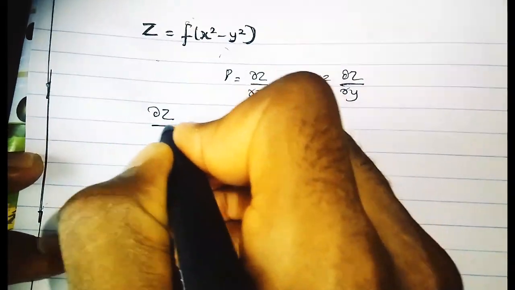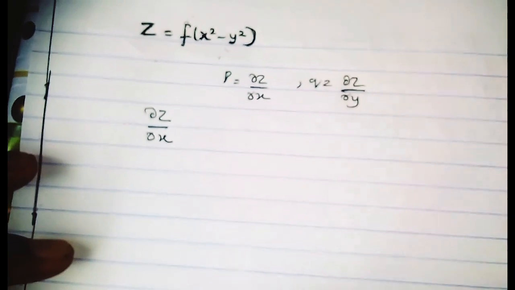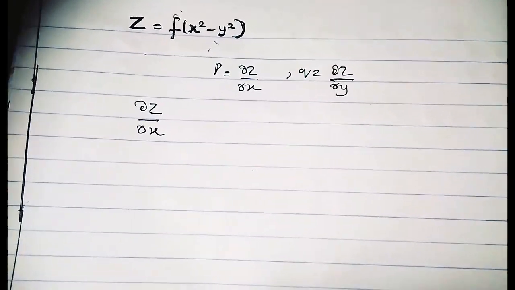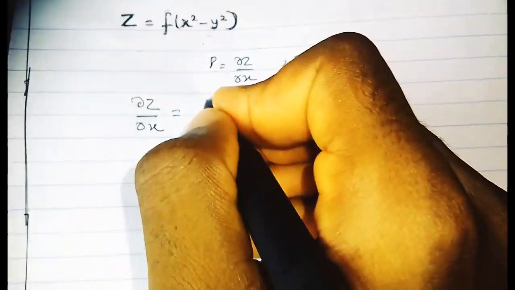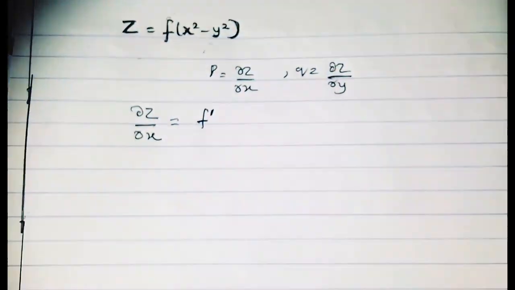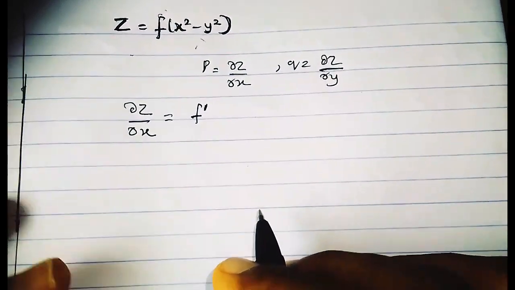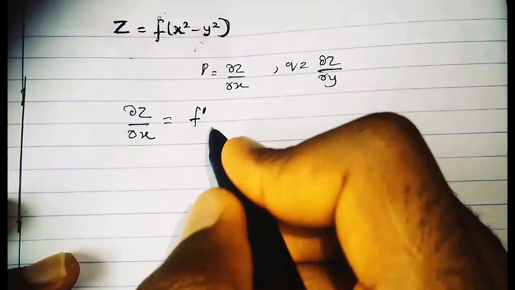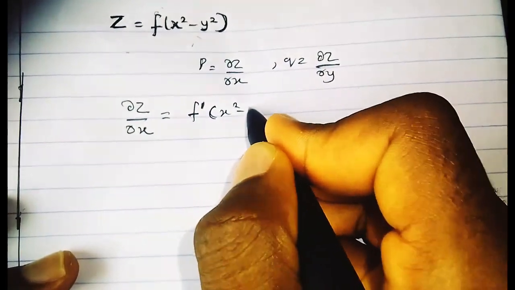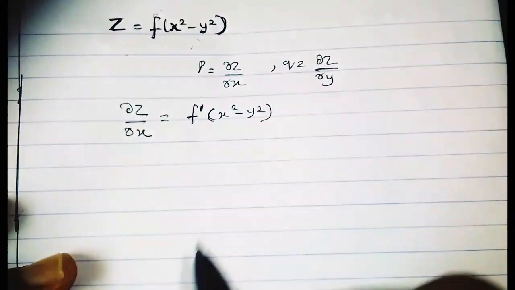So we have dz/dx equal to f prime. Remember, this is a function, this is not a full equation. Differentiating a function, you just indicate f prime here, so f prime of x squared minus y squared, and then differentiating what is inside the function.